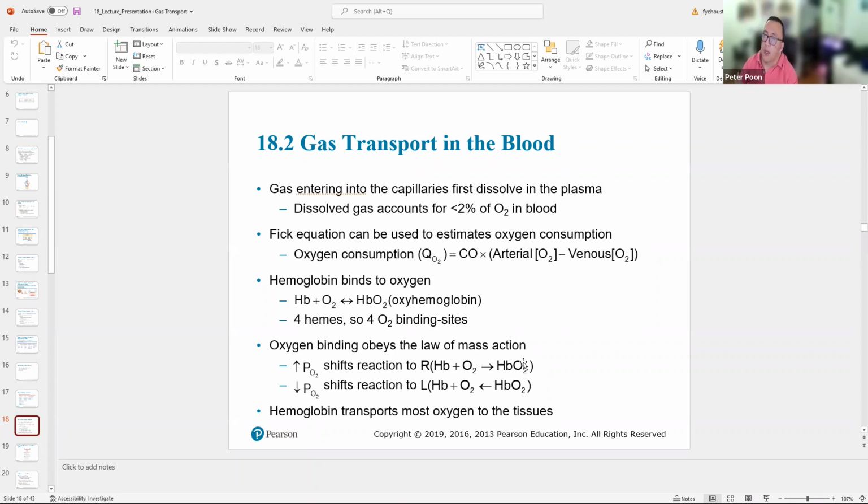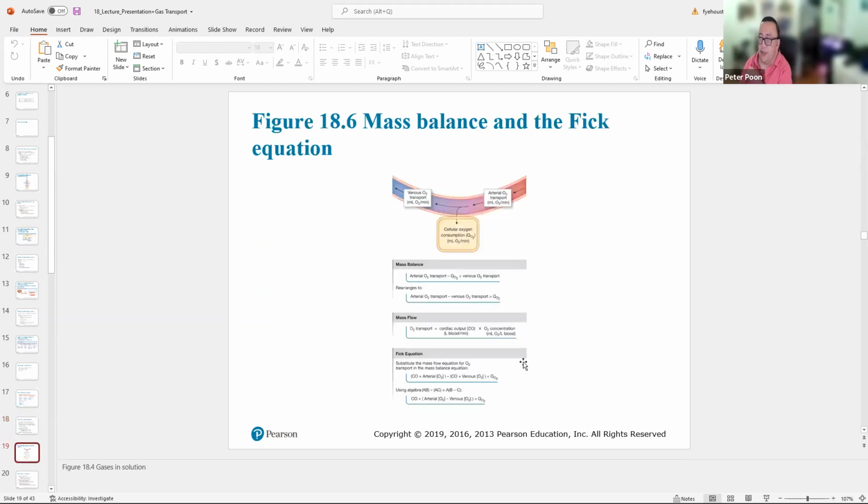So when you are breathing in, your lungs are full of oxygen, so the partial pressure of oxygen goes up, and therefore the hemoglobin binds to oxygen. In the tissues, there's less partial pressure of oxygen, so oxygen is released from the hemoglobin. And that is the way hemoglobin actually works.